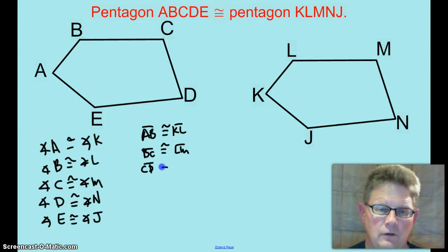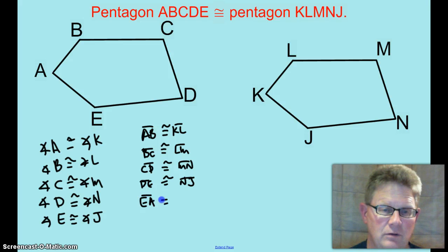Segment CD is congruent to segment MN. Segment DE, yes, that's going to be congruent to segment NJ. And the last two letters, segment EA or AE, either way, congruent to segment JK.